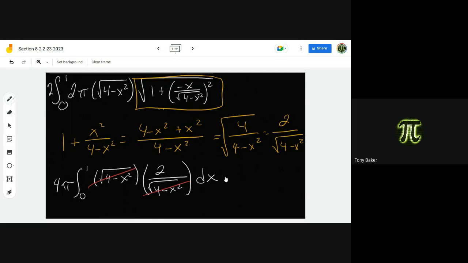Why is it from 0 to 1? I used symmetry to get it from 0 to 1. All right, so now I can pull out that 2 because it's a constant, and I have 8 pi times the integral from 0 to 1 of just 1 dx.